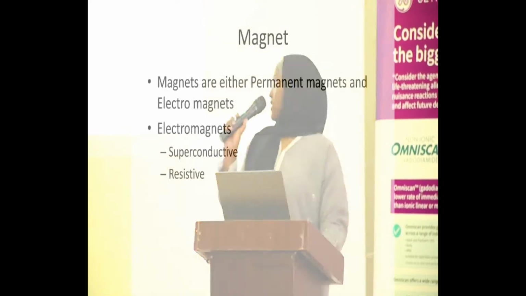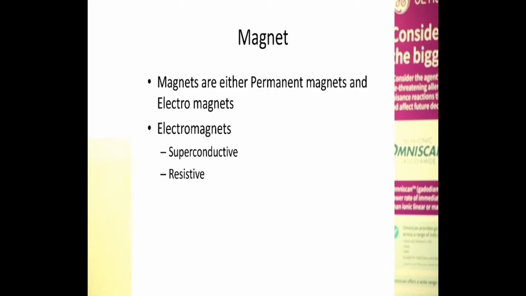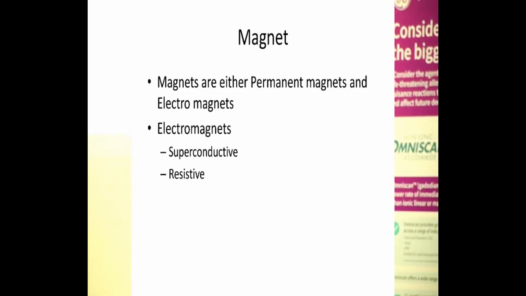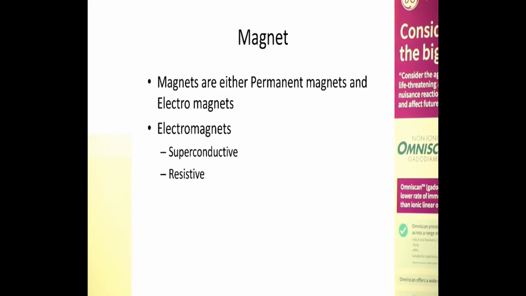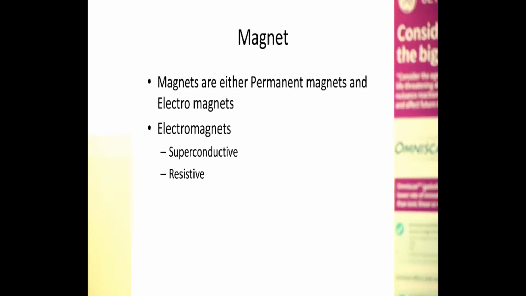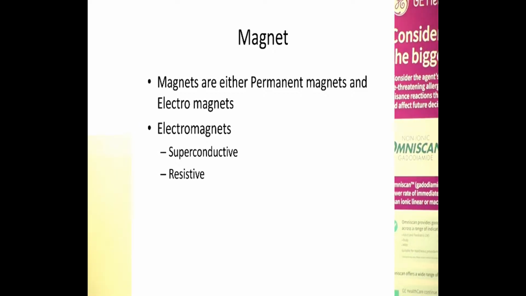My second presentation is about magnets generally. So magnets are majorly categorized into two. We have the permanent magnets and we have the electromagnetic magnets. The electromagnetic magnets are also categorized into two. We have the superconductive and the resistive.